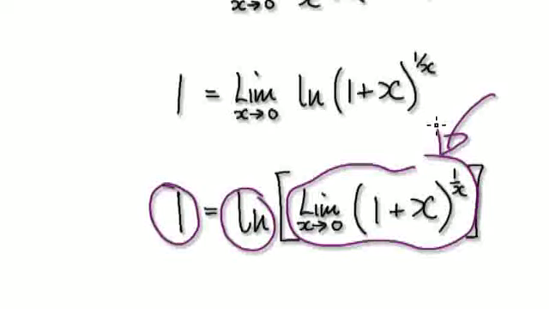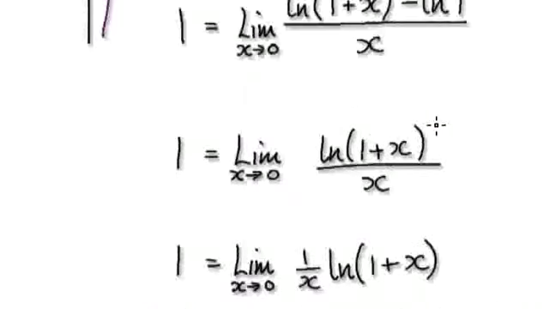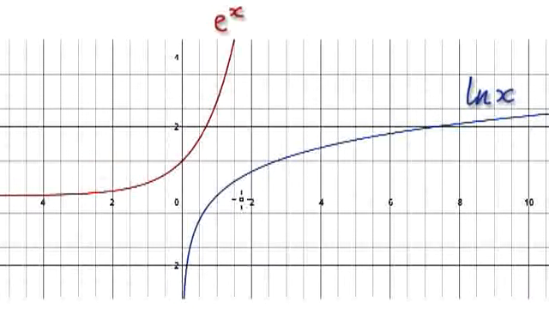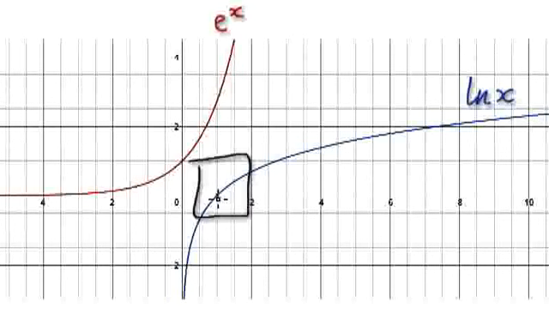And the way we did it was to look at this point here. The whole secret here is to look at this point here. We know that the gradient here is 1. So we worked backwards, just by looking at this here, and we managed to find out the number E. Okay?